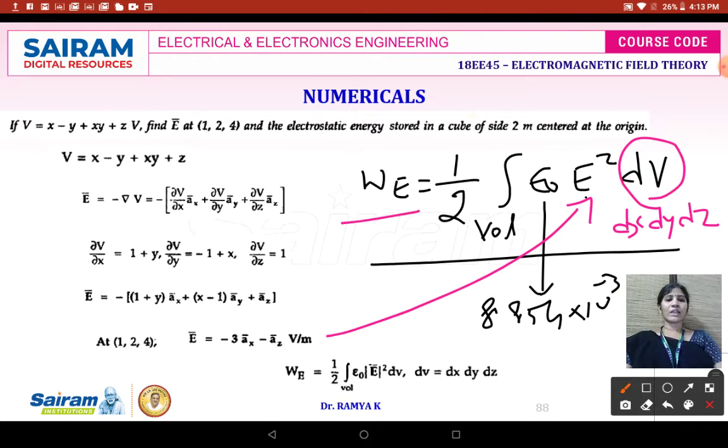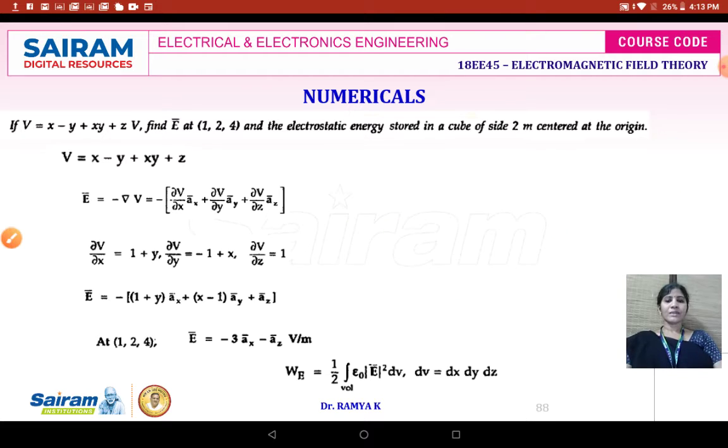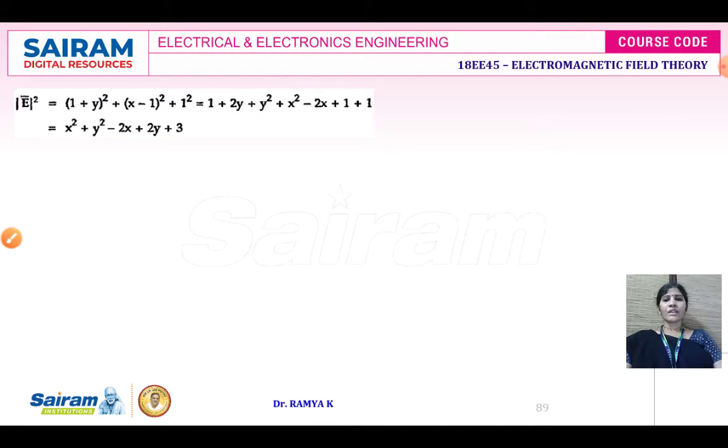From here you can identify WE. E square means you have to multiply E with itself, and after multiplying you get this equation. Keep that equation as such. Then WE is equal to half, epsilon is constant so take it outside, E square dV, with dV expressed as dx dy dz.